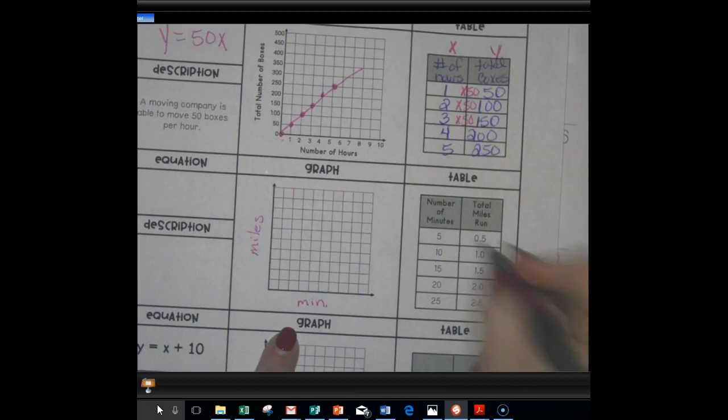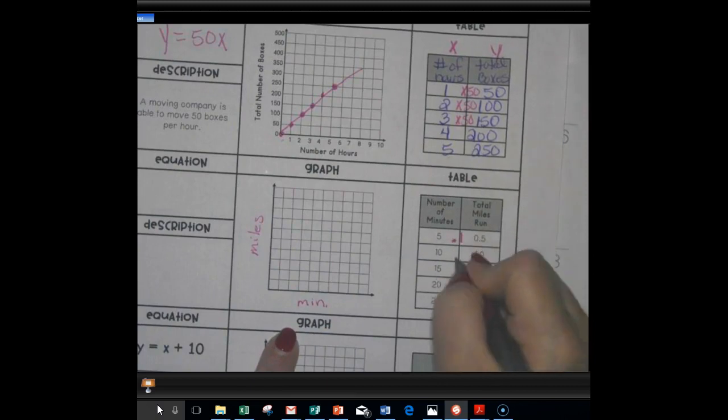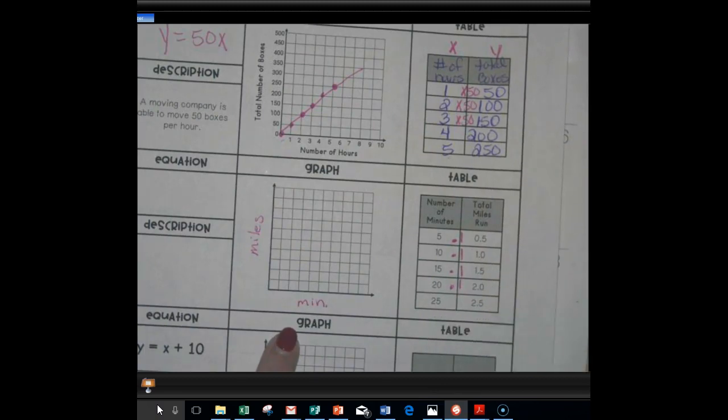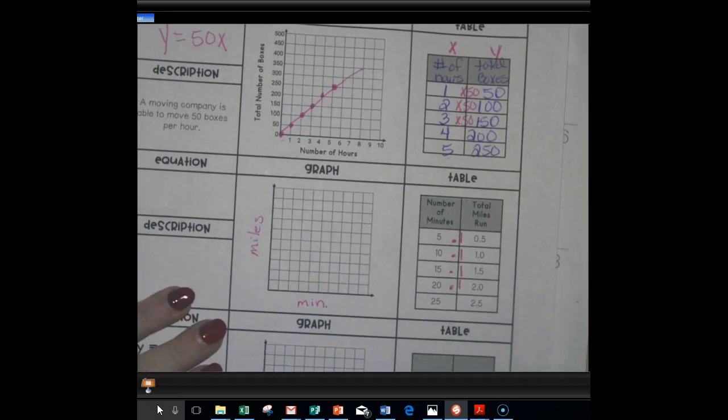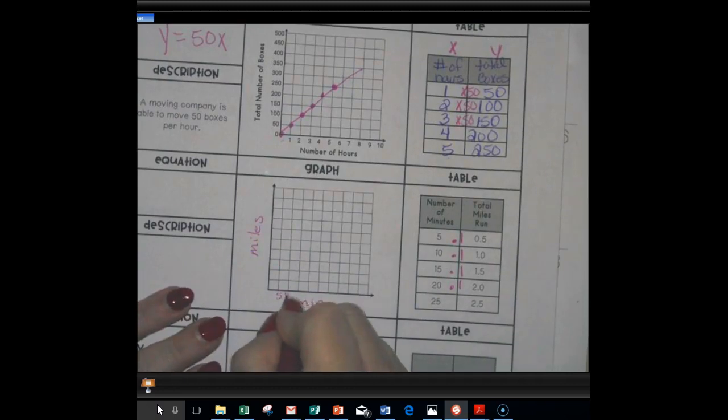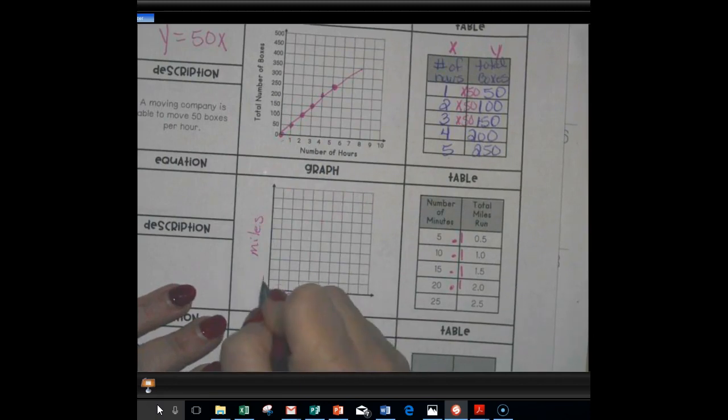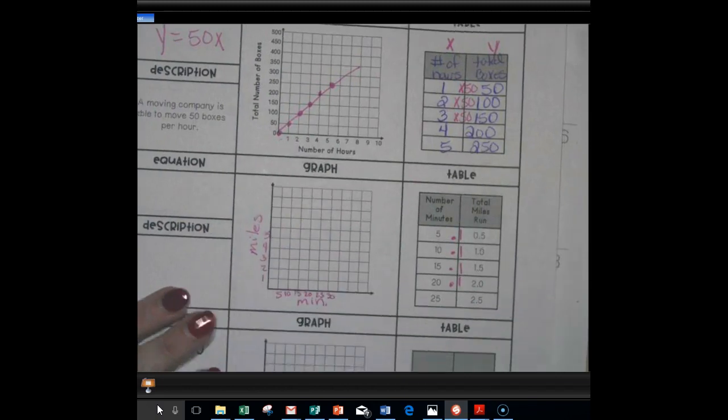I am multiplying by 0.1. I am multiplying by 1/10. Across the bottom you can have 5, 10, 15, 20, 25, 30. And 1, 2, 3, 4, 5.